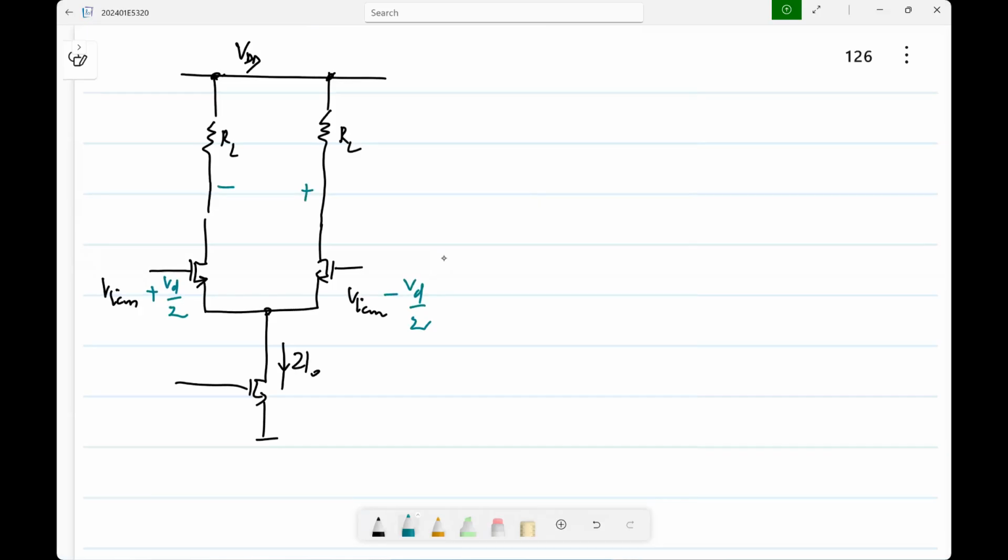What is the differential output? It will be GM1 RL VD. Okay. Now let's say I have this.